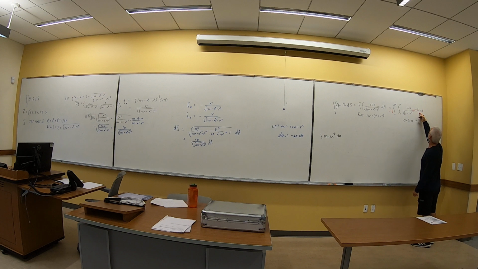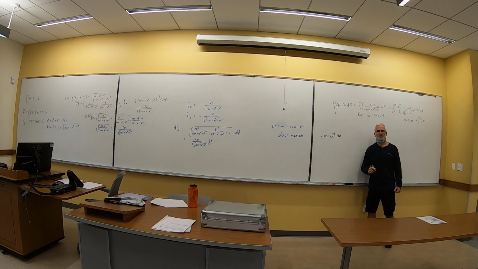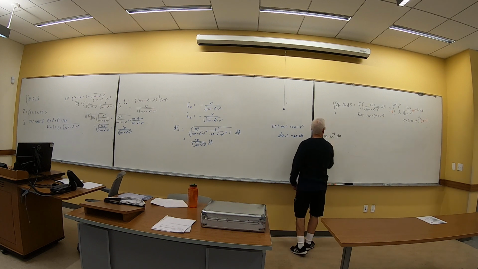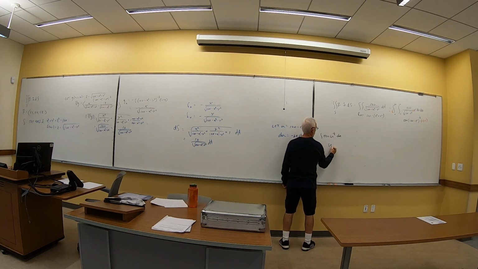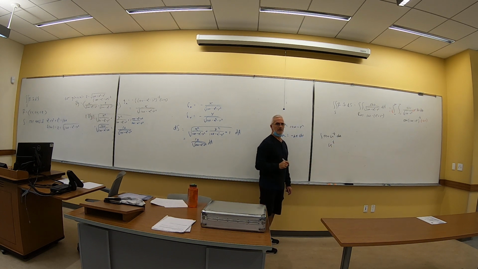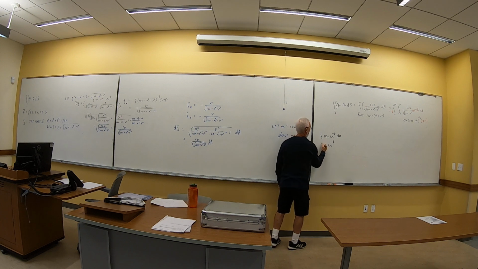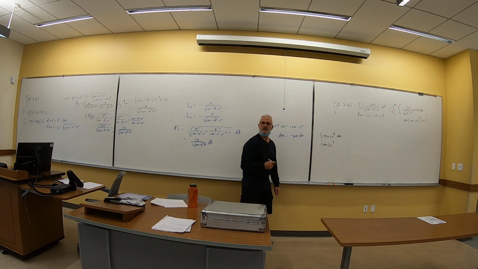So when I do this integration, 500 u to the -1/2. What's the antiderivative of that? How about 1,000? Everybody cool with that?